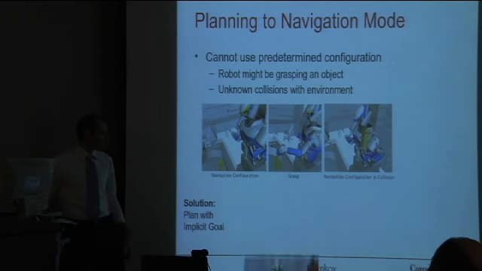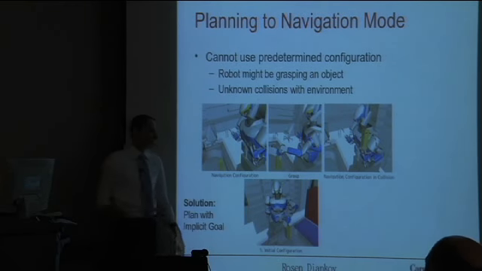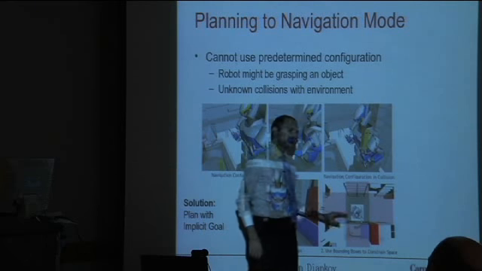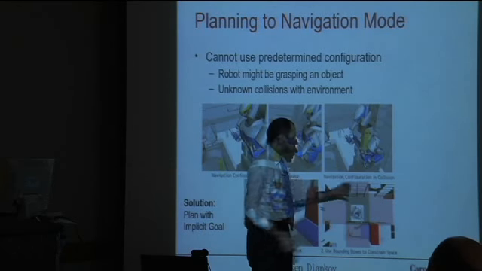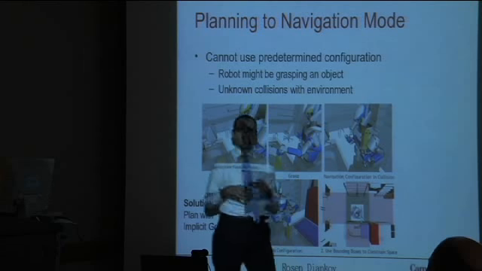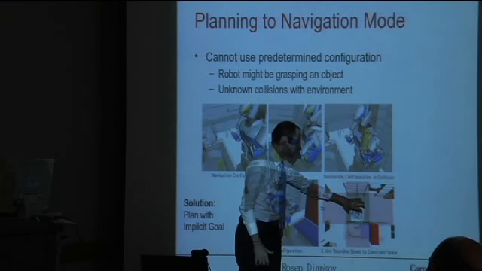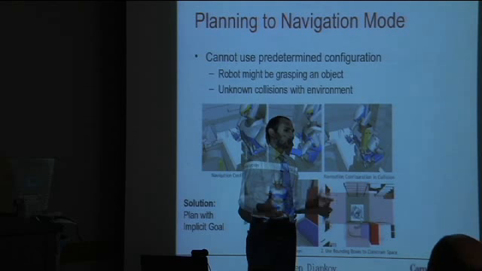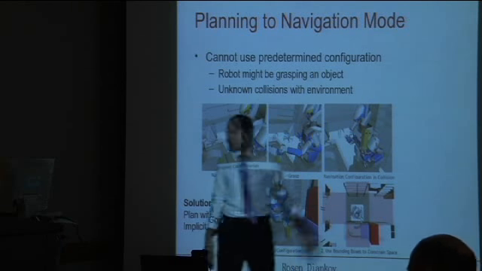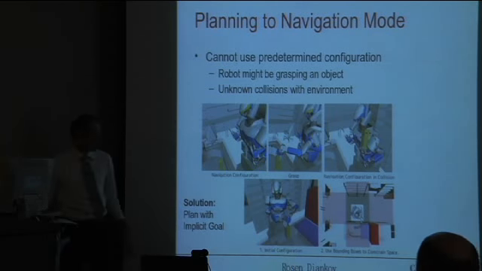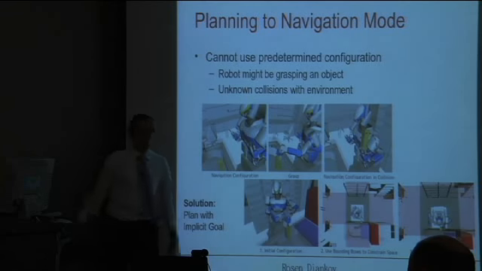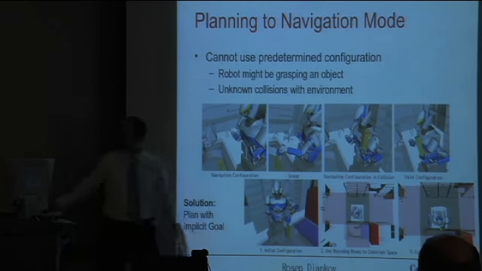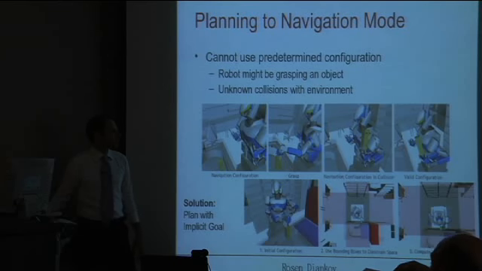So really, the solution is to, again, plan with these implicit goals, where once the object is grasped, there's a box formed around the robot that represents the navigation region that the navigation planner expects the robot to be in, and try to get all of the robot's body parts and all of its grasped objects inside this region. And this would give us a solution like this, and finally we can get the answer. Efficient.